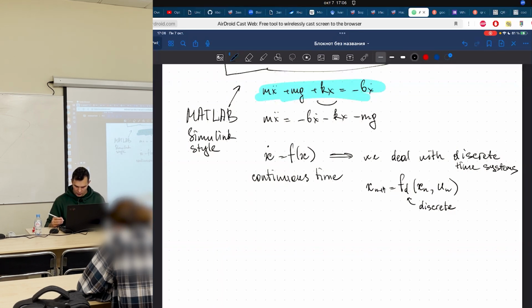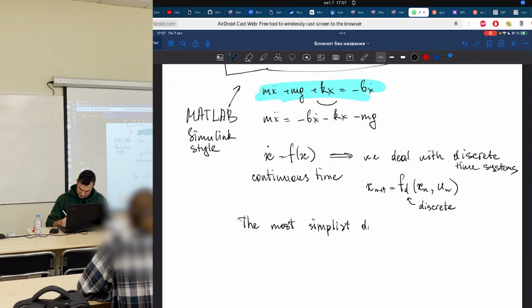So the basic one looks like the following. The simplest discretization looks like x_{n+1} equals x_n plus h times f_d(x_n, u_n).